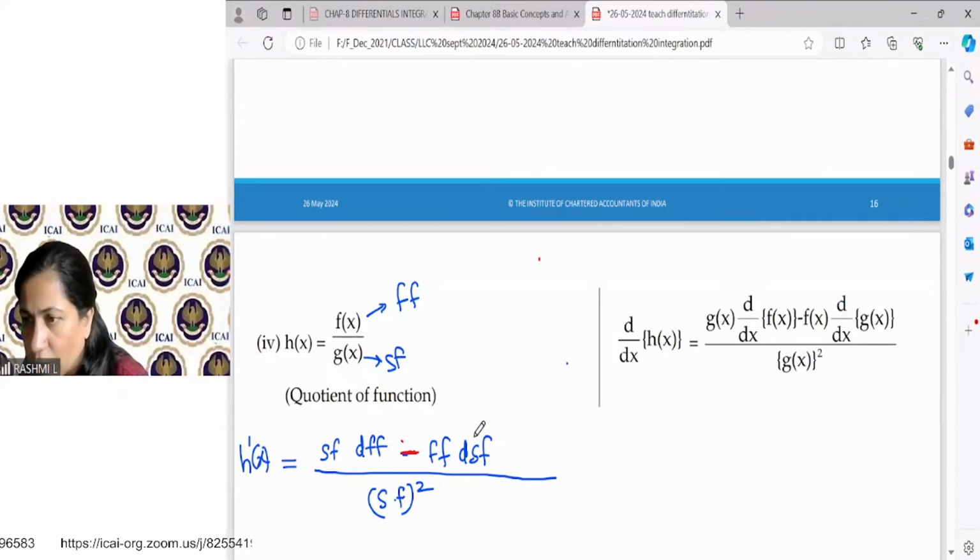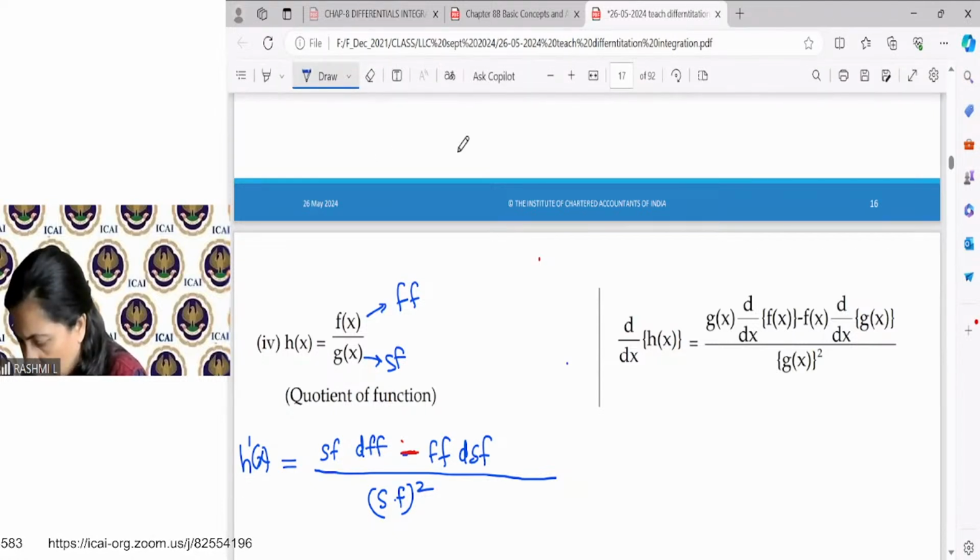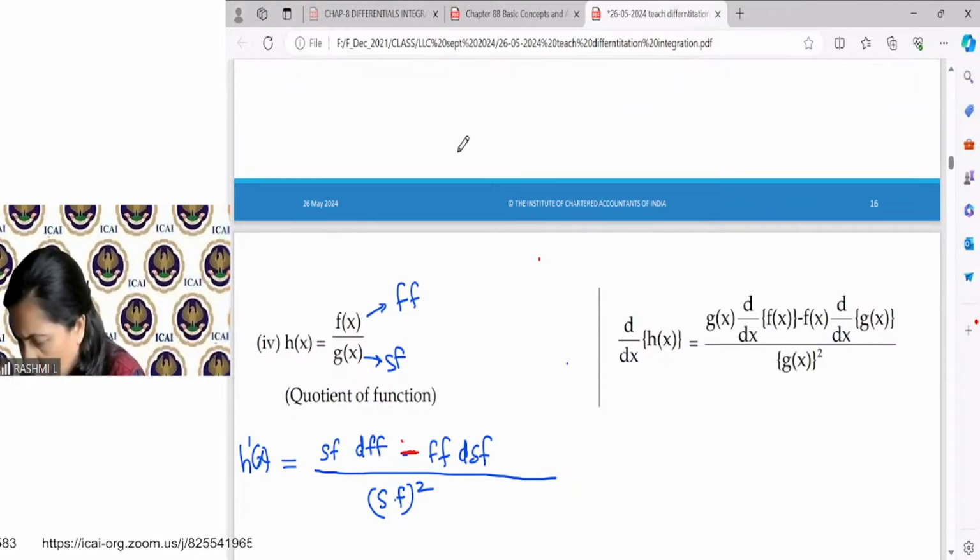If you've understood the rules till here. Yes, Fatima, good afternoon. Deepak, which formula you want me to repeat?